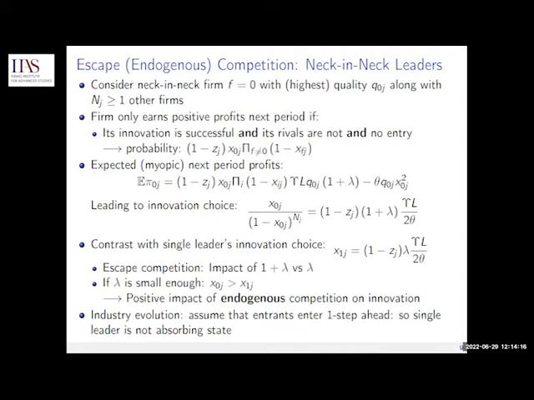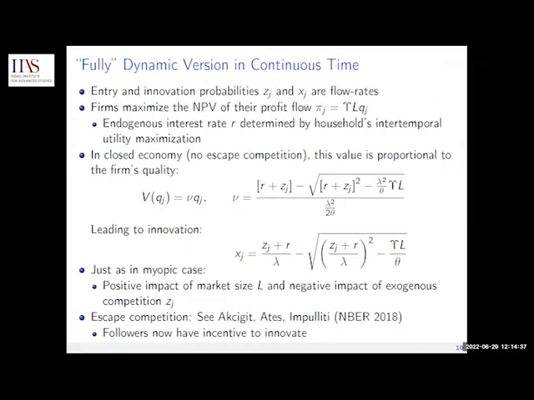And the one big bonus that you get from going to the fully dynamic one is that the follower also has an incentive to innovate. But the highest innovation effort, depending on lambda, is going to be potentially for this neck and neck firm. So you can do the fully dynamic version.